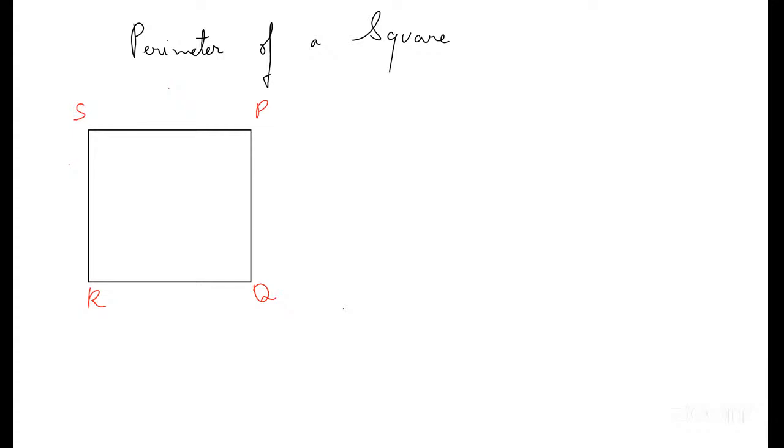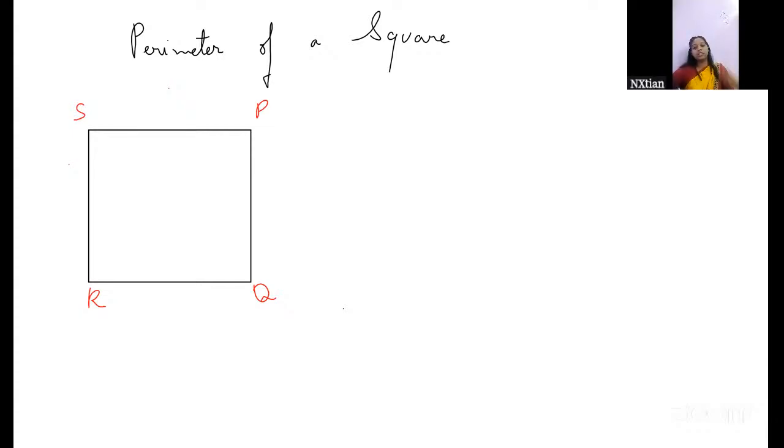Now, like I always tell you all, when we are finding the perimeter, we do the sum of the sides of the figure. That is the perimeter, because perimeter is the boundary of any figure. So in the square also it's the same thing: we take the sum of the boundary of the square.